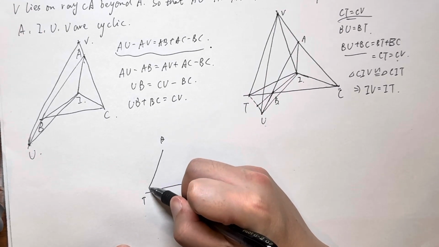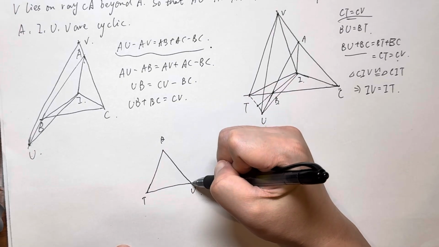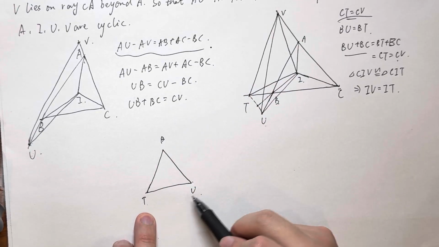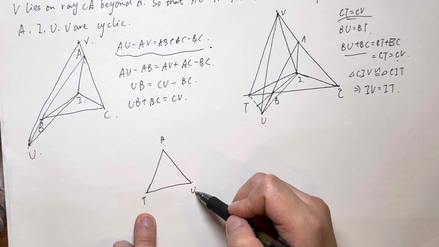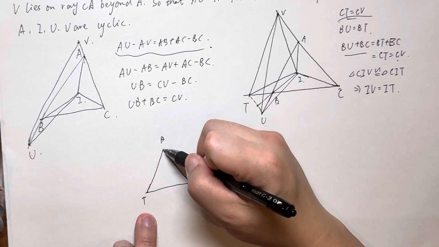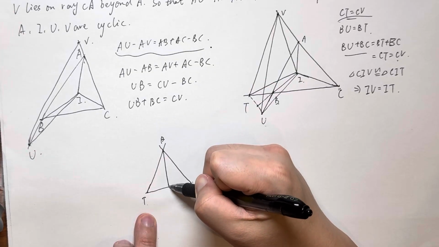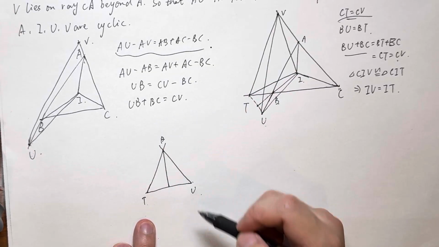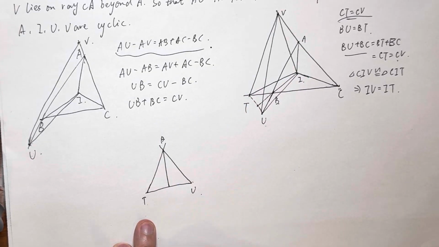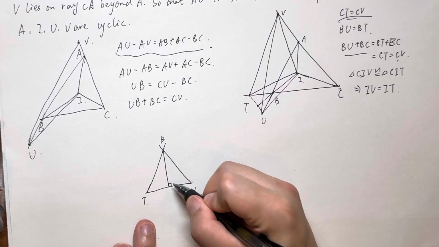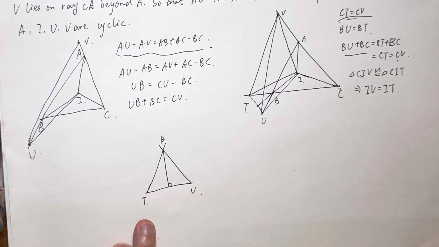Then we know that BT equals BU. It's an isosceles triangle, and we have the angle bisector here. Since it's an isosceles triangle, we know that this is 90 degrees, right?